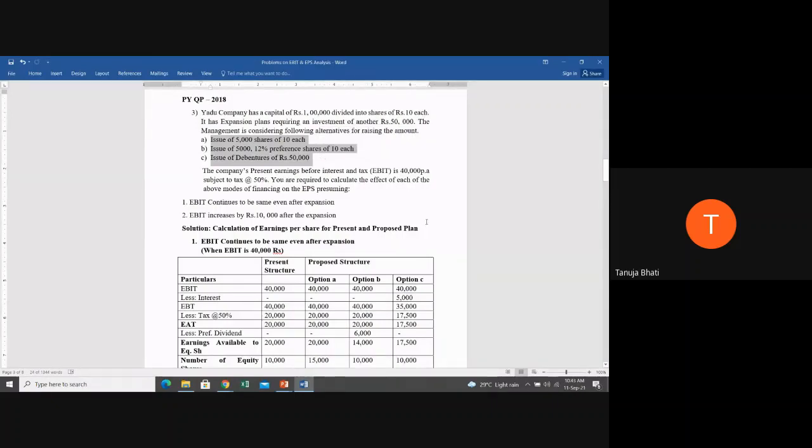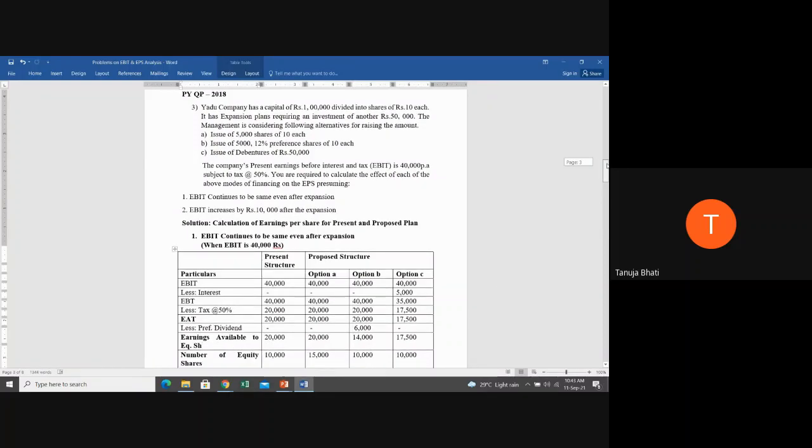Yes, students? Option B. So under option B, you have considered preference dividend, that is 50,000 into 12%, you got 6,000. So you got earnings available to equity shareholders.